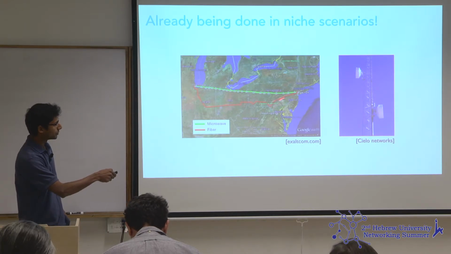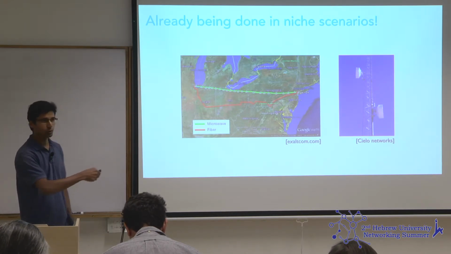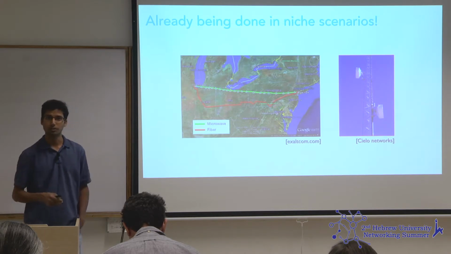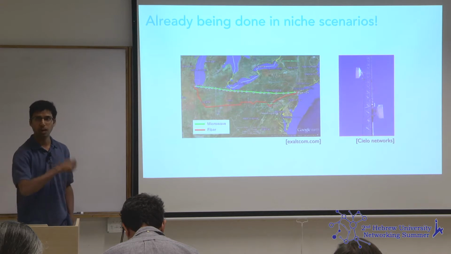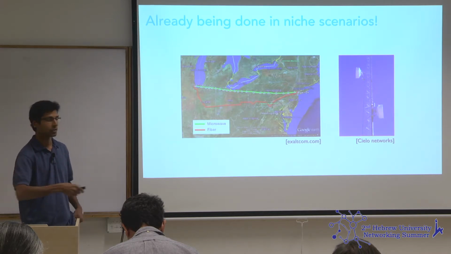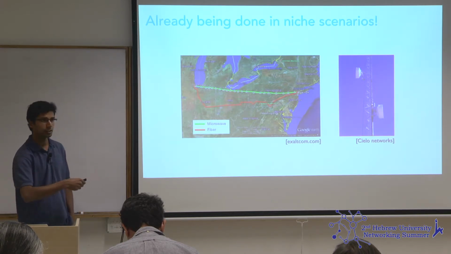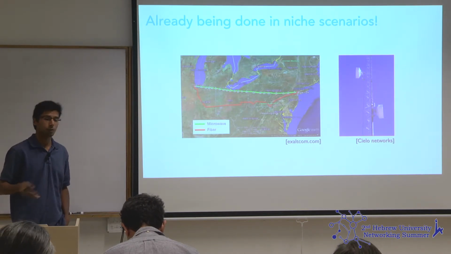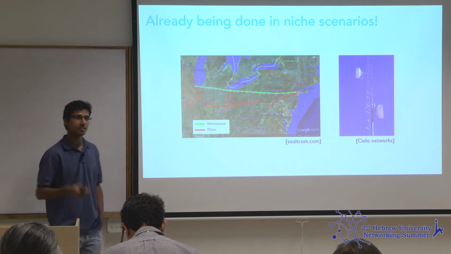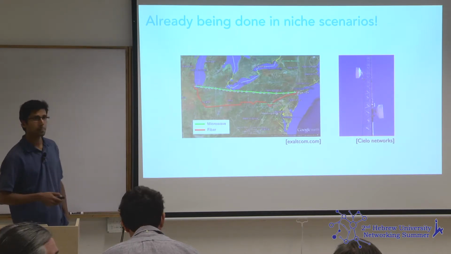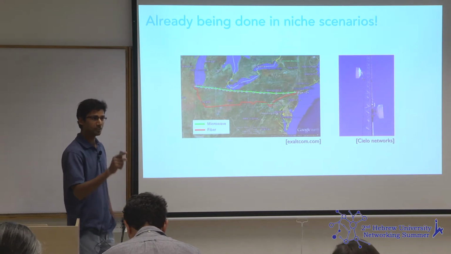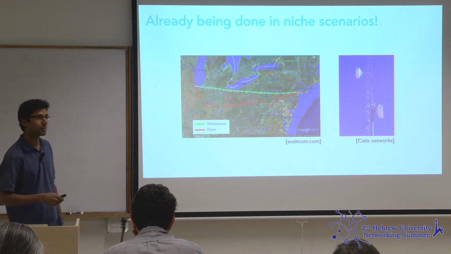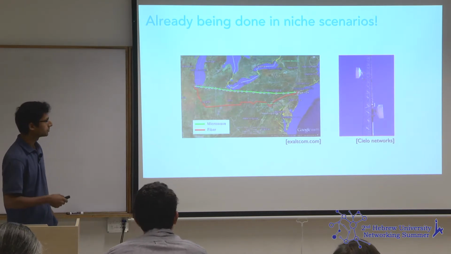This started out with building fiber routes, optimizing those fiber routes to get as close as possible to the geodesic, and finally to the point where they have deployed microwave towers, a series of about 20 towers for this distance of about 1,200 kilometers, so that the medium of communication is actually vacuum. Or it's not vacuum, but the speed of light is the same as speed of light in vacuum. And they rent it for $100 million a year. They rent it for a lot of money. We'll get to the economics. Yes, economics is important. We'll get to that point quickly.